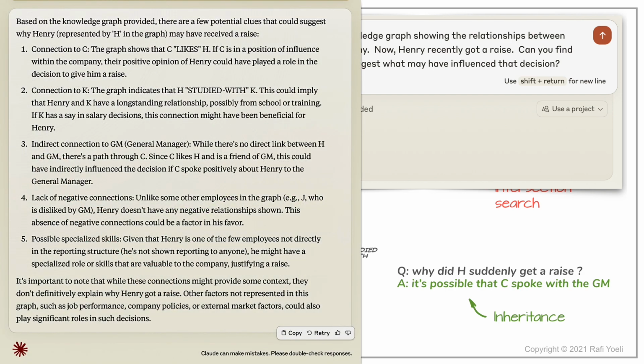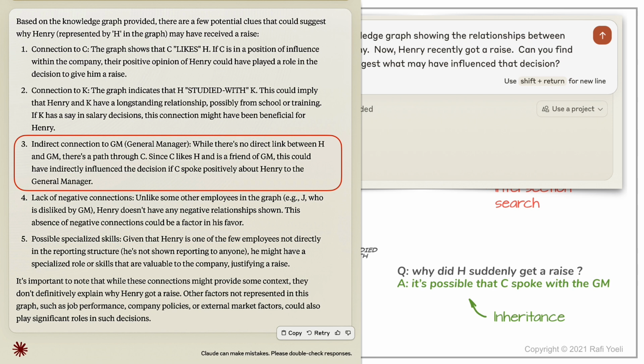The language model's answer on the left speaks for itself, and proves that the language model has the associations necessary to understand the question, and also find a good explanation. The language model also explained its reasoning, and among others, why our own version regarding the question, "Why did Henry suddenly get a raise?" could make sense.